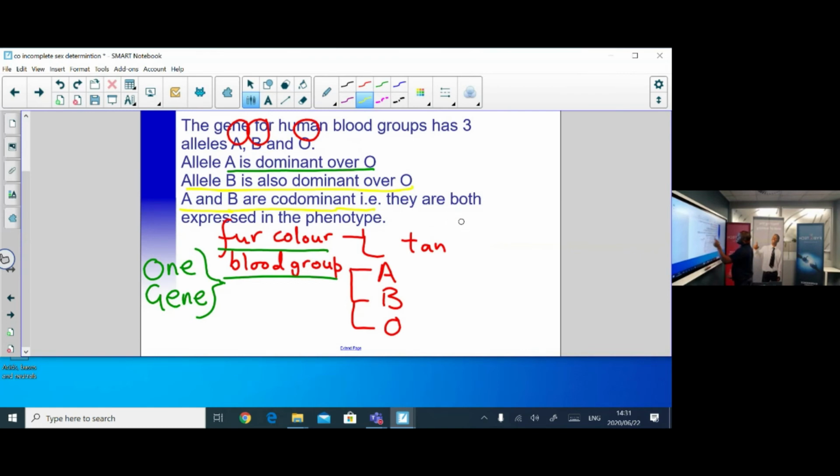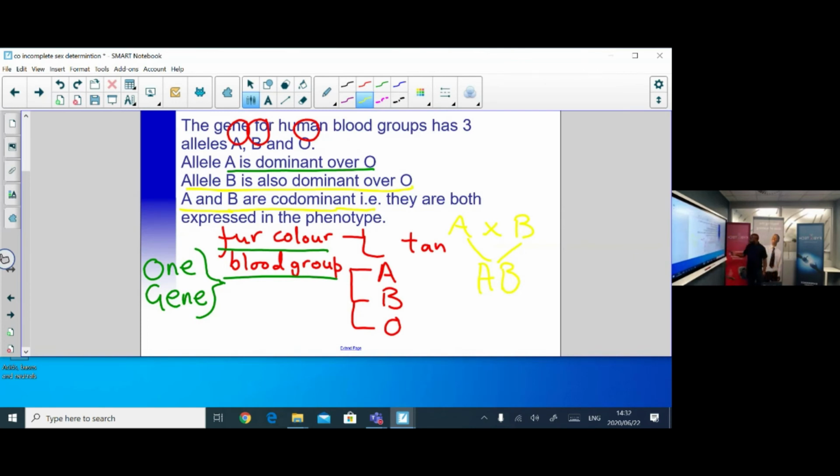Are we following it, grade 12? In this scenario, they are both expressed in the phenotype, which means any individual with A and B alleles will be an AB. That's what we mean. They show codominance.